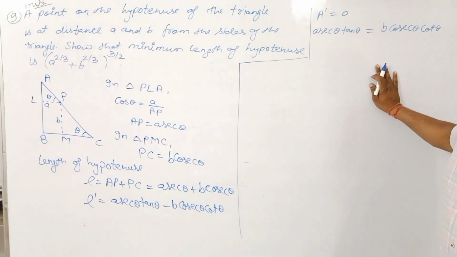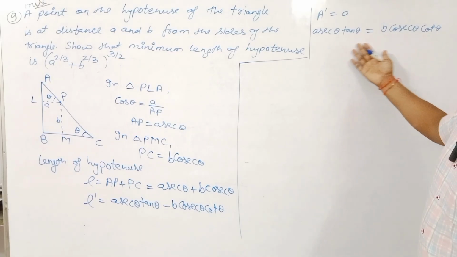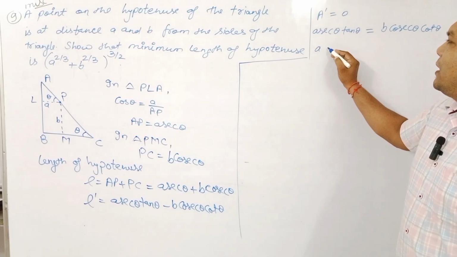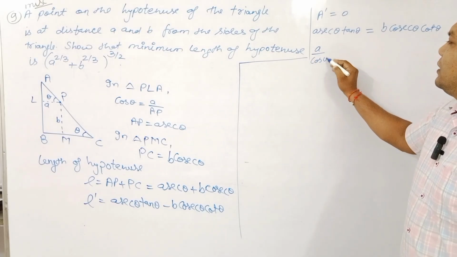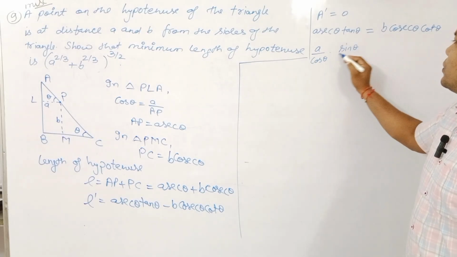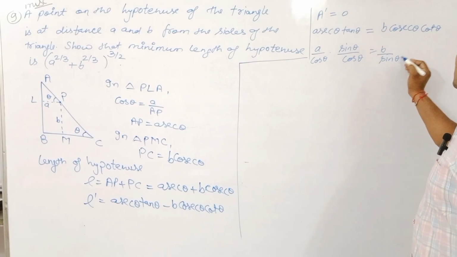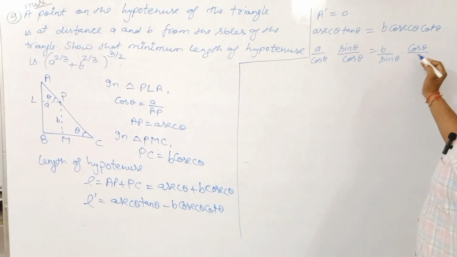How will you find theta? It will be better to change everything into sin and cos for some time. So it is a upon cos theta into sin theta upon cos theta is equal to b upon sin theta into cos theta upon sin theta.